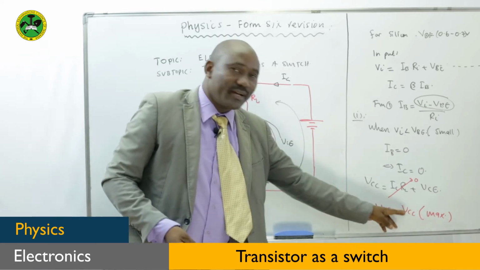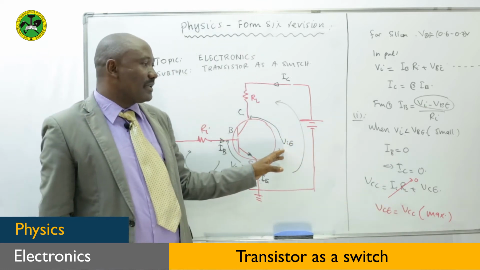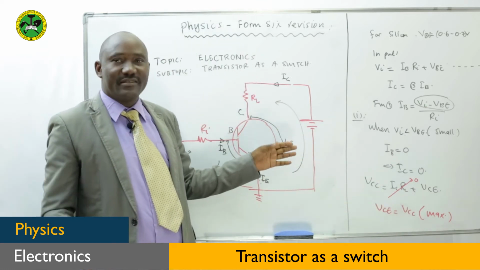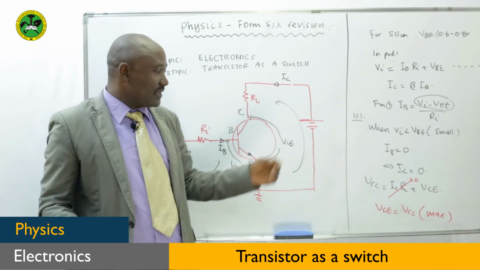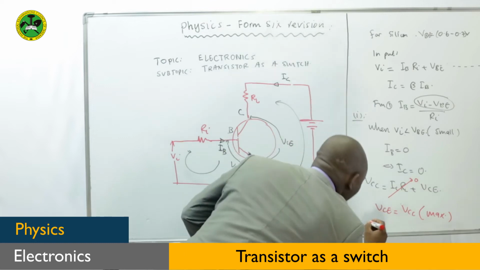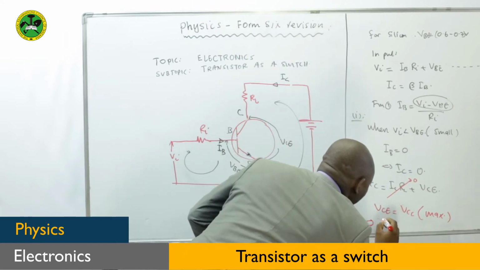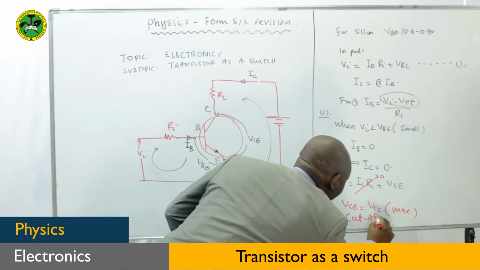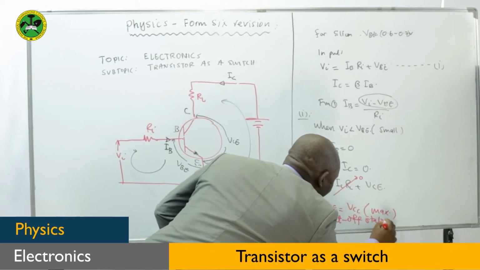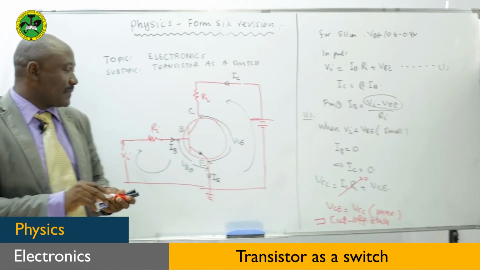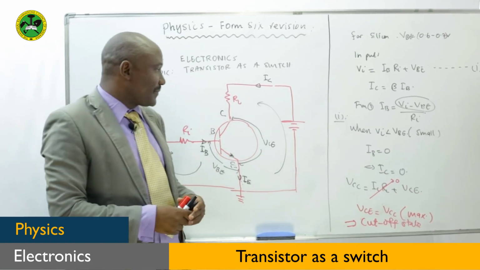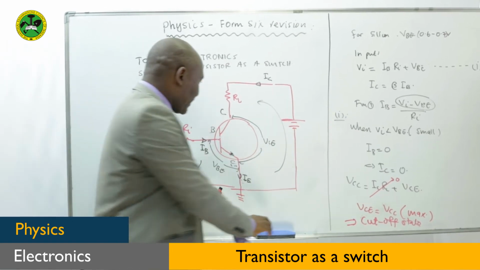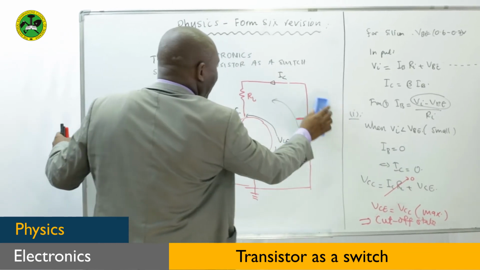The transistor behaves as if it has a very large resistance, and very large resistance means no current flows through it. So this is the case of the cutoff state. Remember, in the cutoff state of a transistor, the VCE equals the maximum power supply. That's one condition.